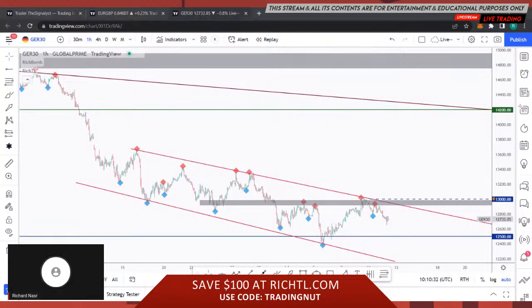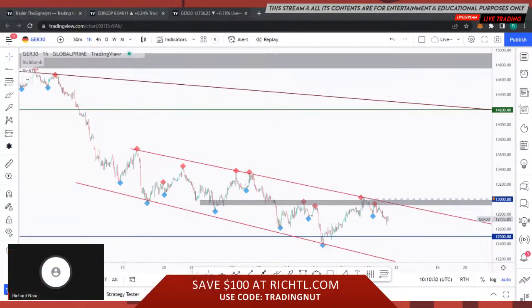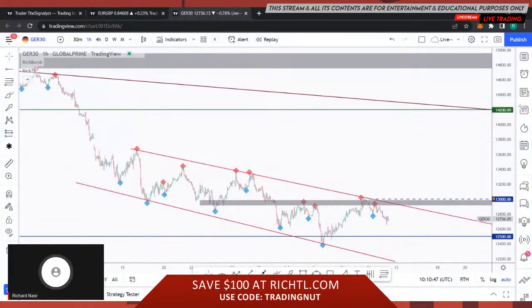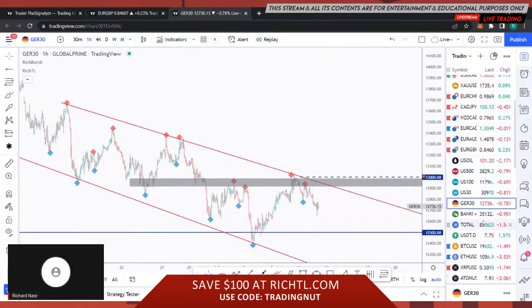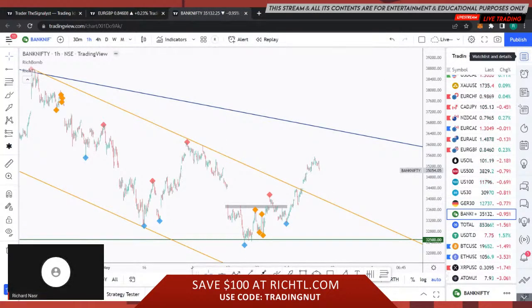You can check the website at the bottom of the screen, htl.com. Let me check AUS 200 real quick. Before that, I'm going to go over Bank Nifty for Indian traders, and then I'll go over AUS.